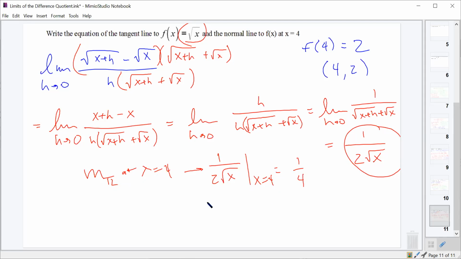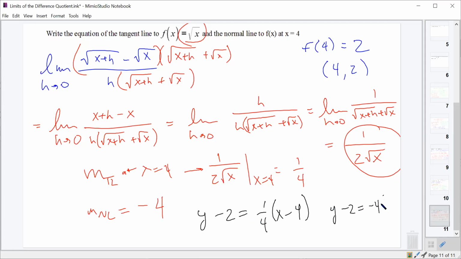And the slope of the normal line ought to be the opposite reciprocal, right? Negative 4. So we've got y minus 2 equals 1/4 of x minus 4 as our tangent line. And we've got y minus 2 equals negative 4 times x minus 4 as our normal line.